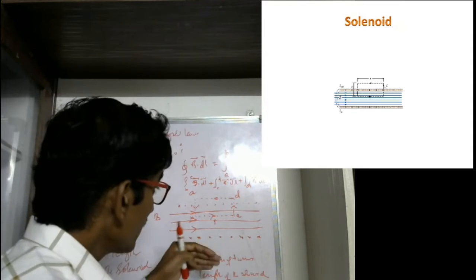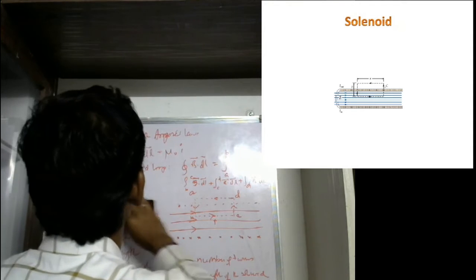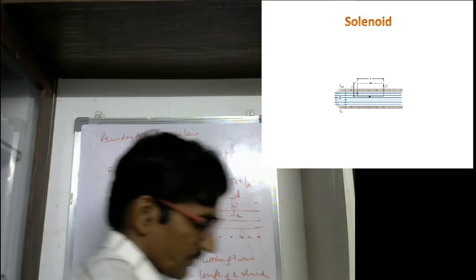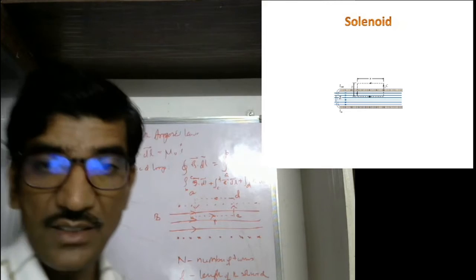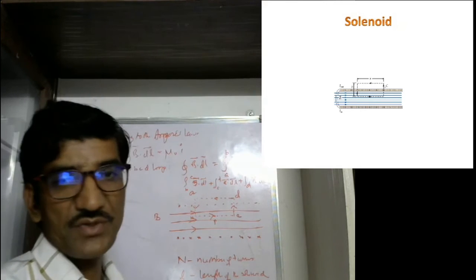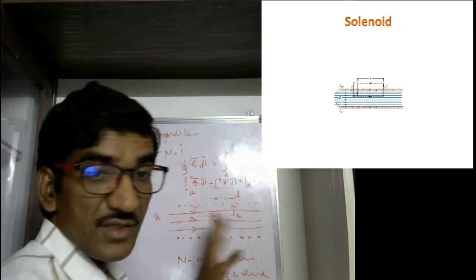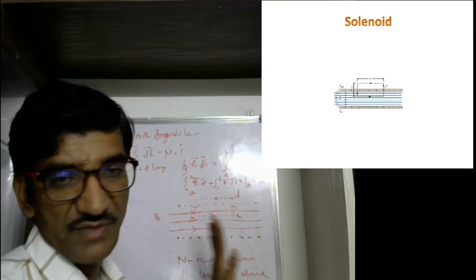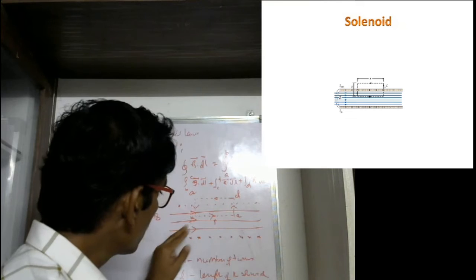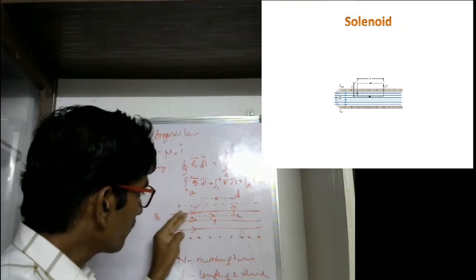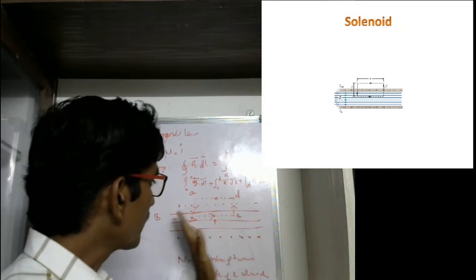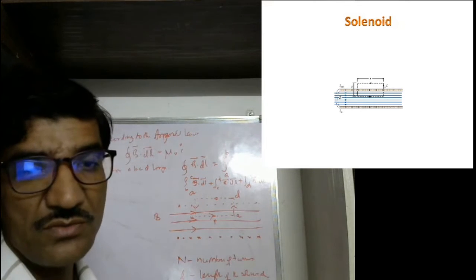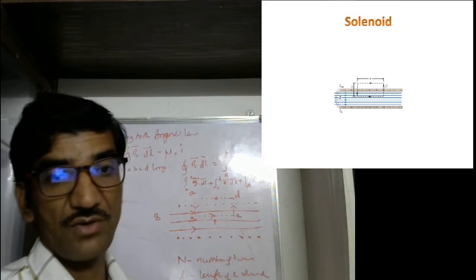I already told you that within the inside portion of the solenoid, B is not varying very much. That means from A to D, or from B to C, there is no appreciable change in B. That you have to know.